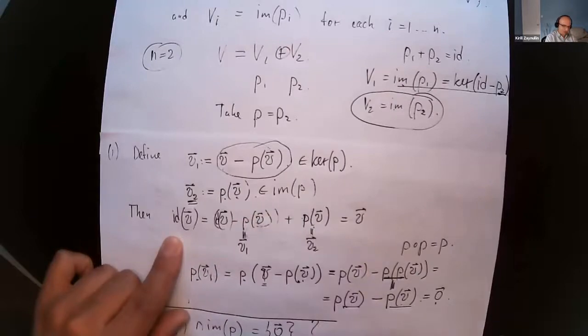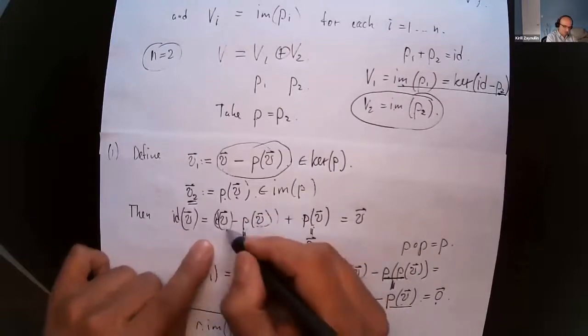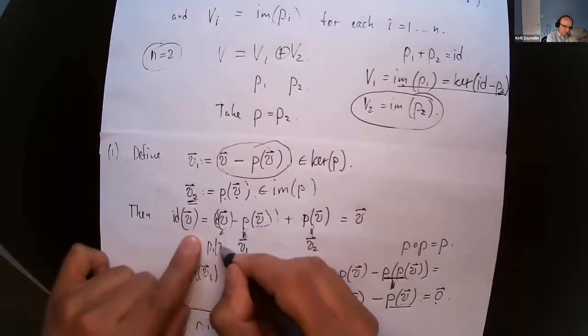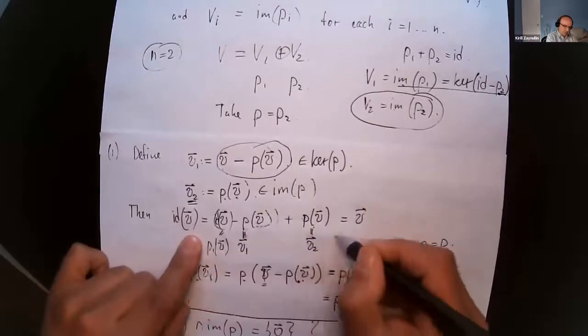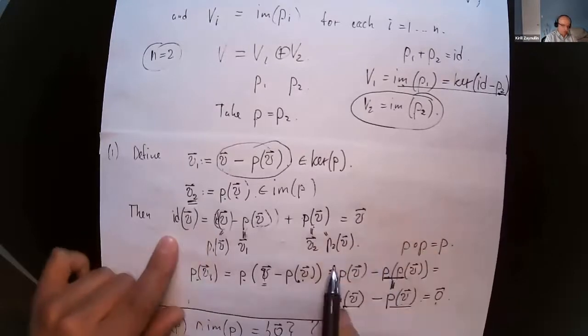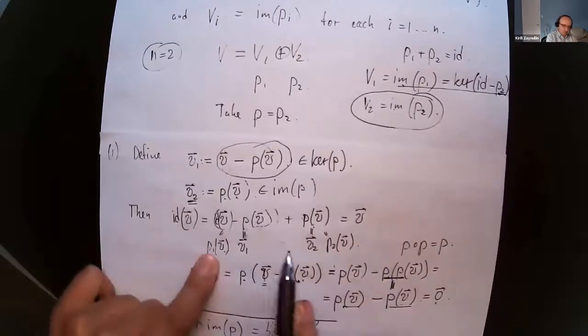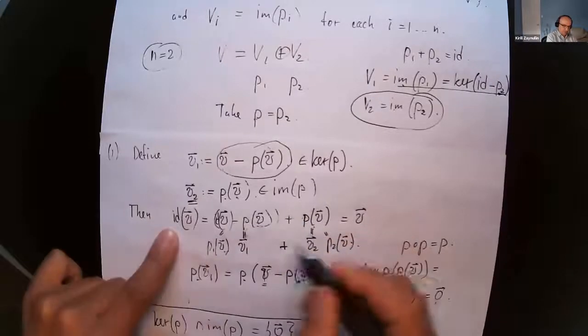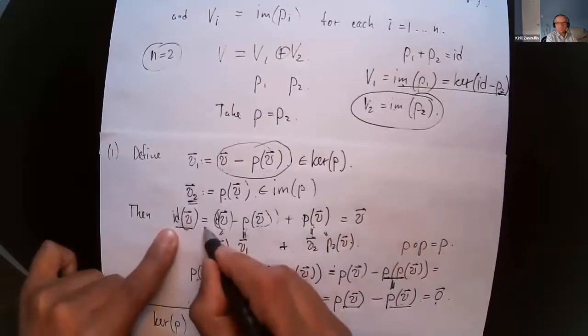And what do we see? We see that this is my P1 of V, and this is, if you wish, P2 of V, right? And you see, if I add them, P1 of V plus P2 of V, I get the identity. Yes?